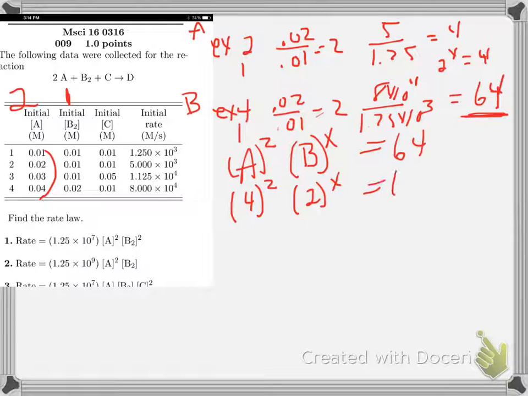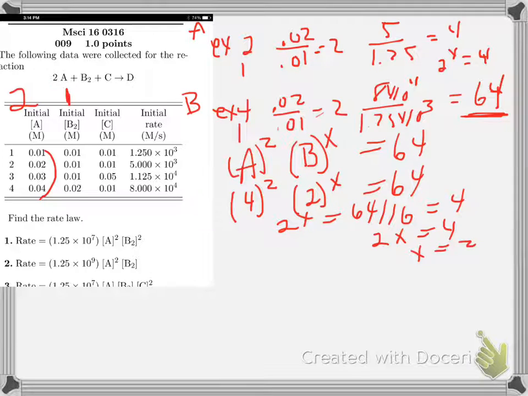And that's equal to 64. So now I can solve for x, because I'm going to take the 64 and divide it by 4 squared. So 2 to the x equals 64 divided by 16, which is equal to 4. So 2 to the x equals 4, so x must equal 2. So B is also second order.